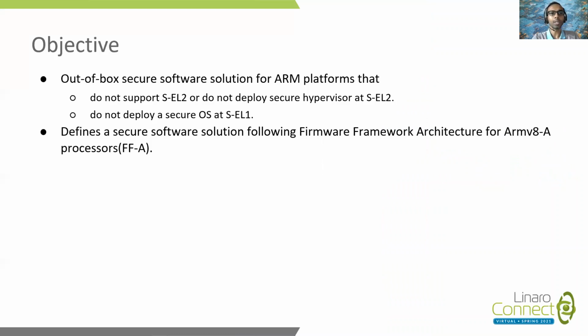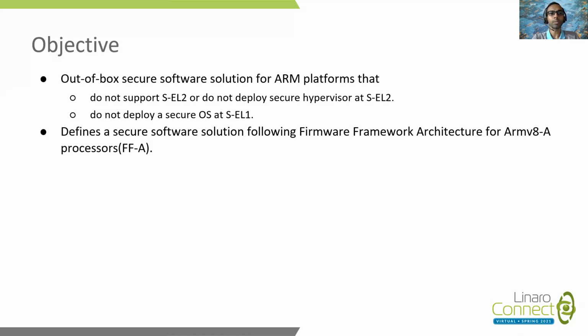The key objective for this implementation is to have an out-of-box secure software solution for ARM platforms that do not support Secure EL2, which is like pre 8.4 version, or do not deploy any secure hypervisor at Secure EL2.